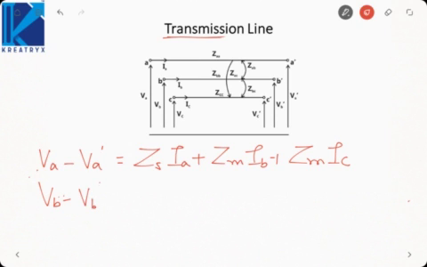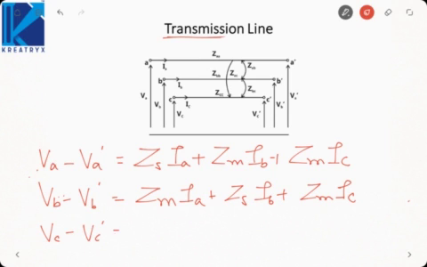VB minus VB dash will be Zm IA plus Zs IB plus Zm IC. VC minus VC dash will be equal to Zm IA plus Zm IB plus Zs IC.